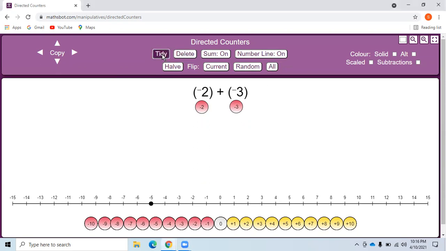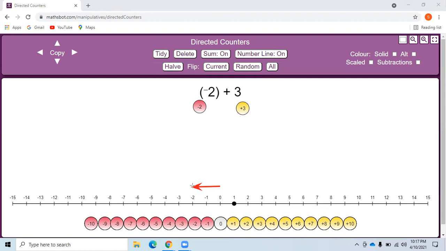What about if I have one positive number and one negative number? What about if I have -2 plus +3? Well, I'm going to start at 0 again and go 2 in a negative direction. Now I need to add +3.